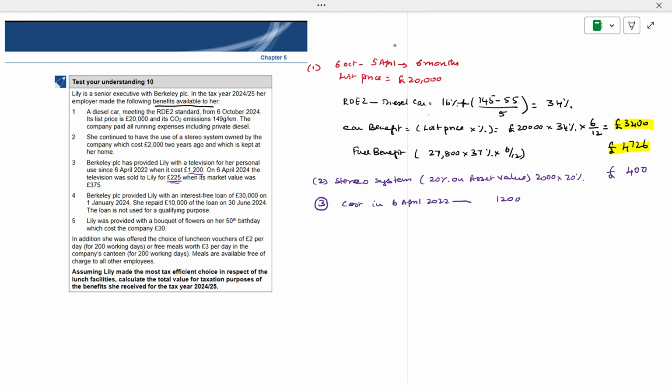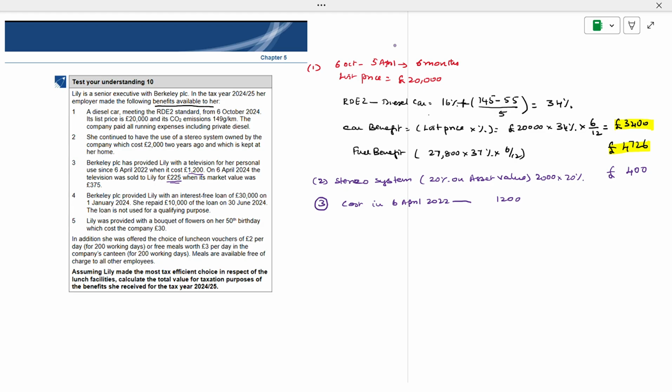They say that they have taken it for 2 years. When they have taken it for 2 years, we have to reduce the value for 2 years.